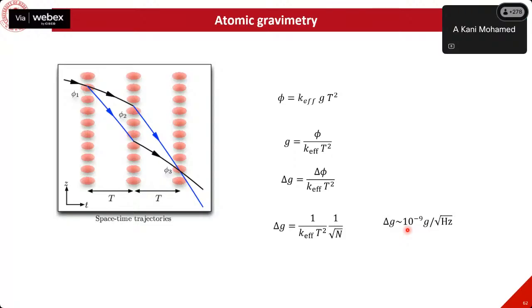So even a small change in g, in the order of 10 to the power minus 9, can be detected by using atomic interferometry. So anything like groundwater or tidal motion will affect well above this limit.